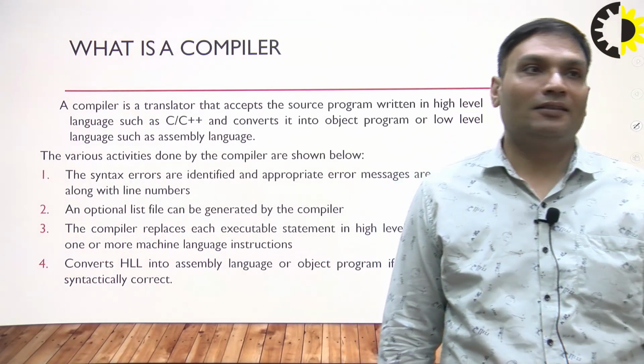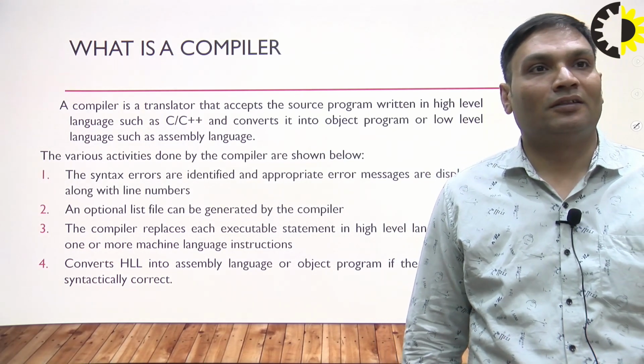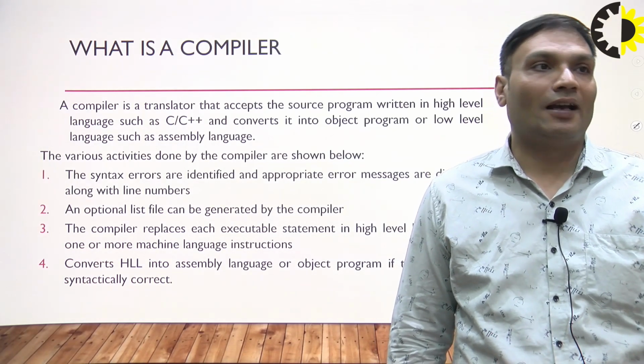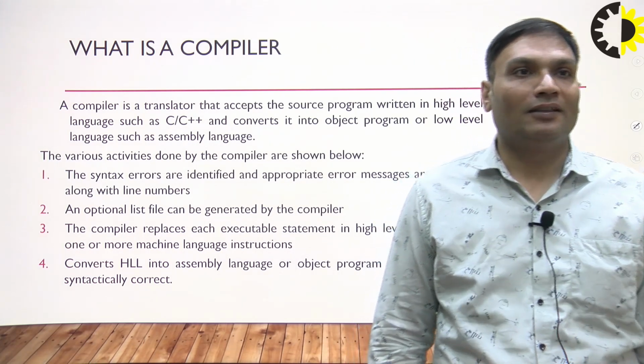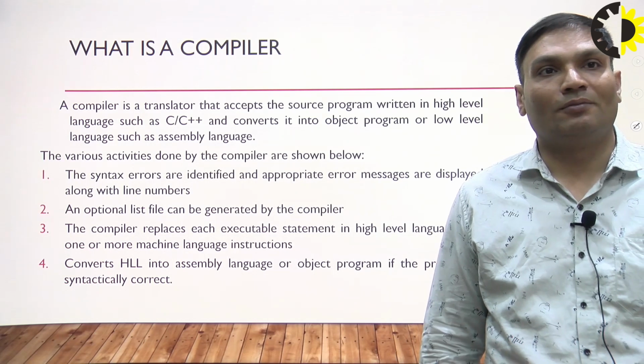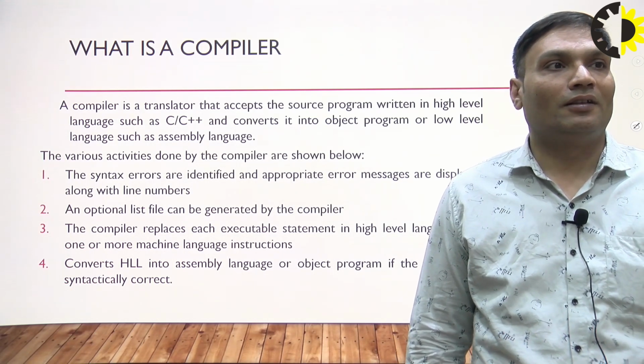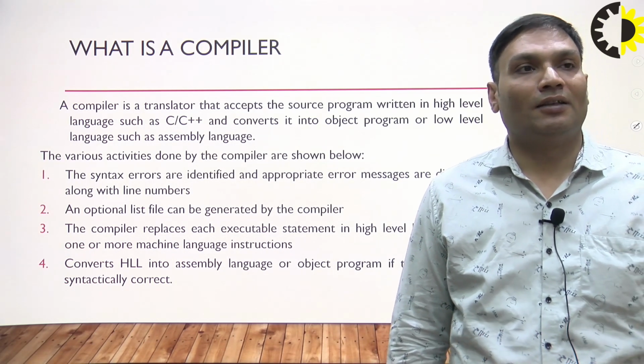A compiler is a translator that accepts a source program that is written in a high level language, that may be either C or C++, and converts it into the object program or low level language such as assembly language.